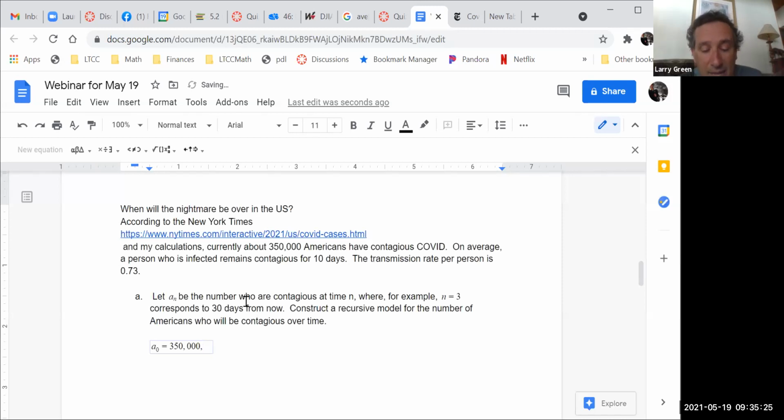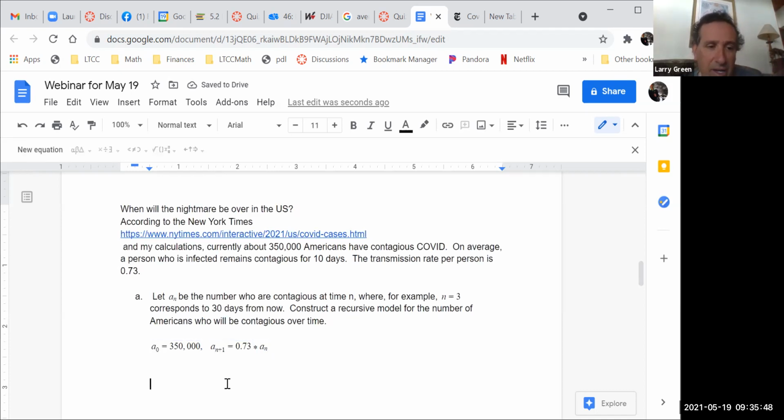And then A_(N+1) is going to be 0.73 times A_N.